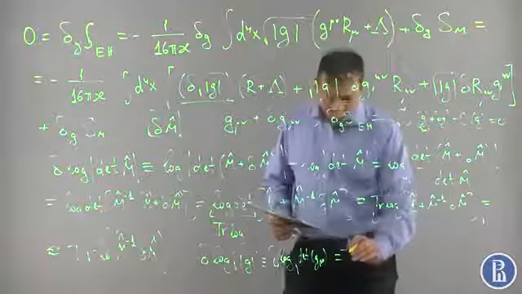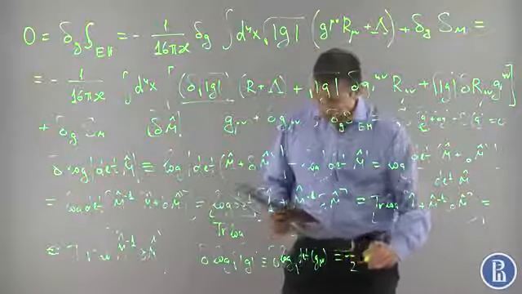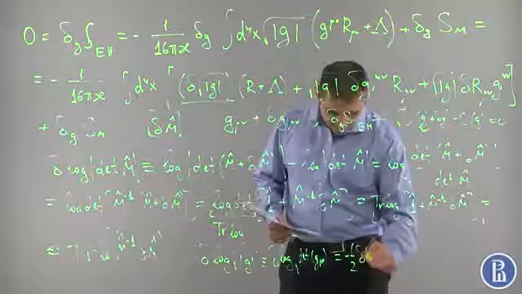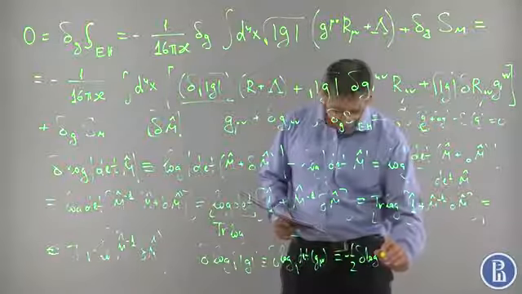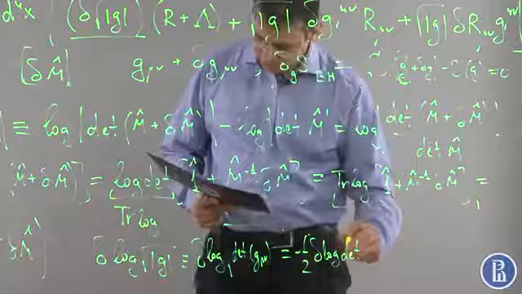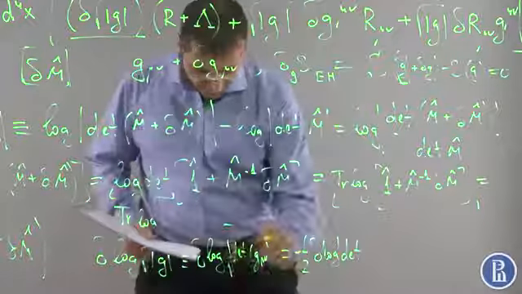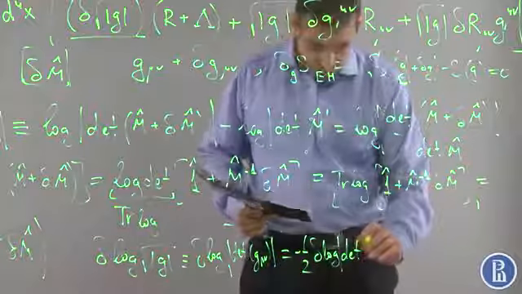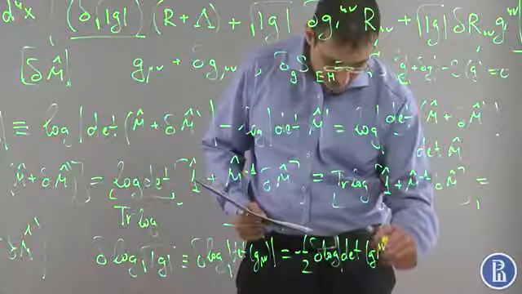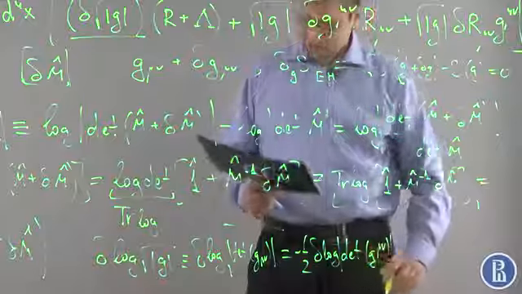But this is minus 1/2 the variation of the log of the modulus of the determinant of the inverse metric g mu nu with upper indices.